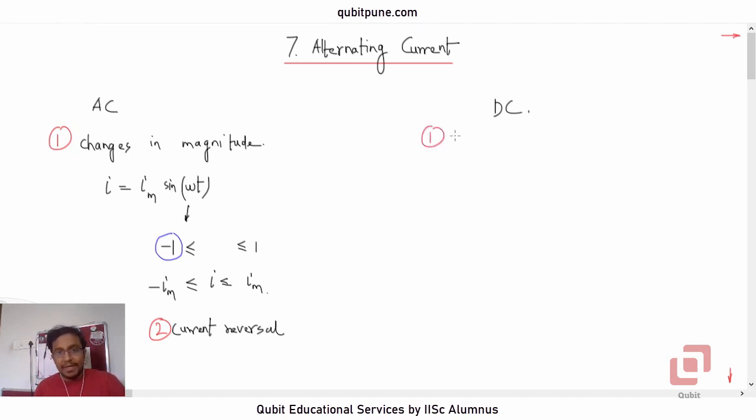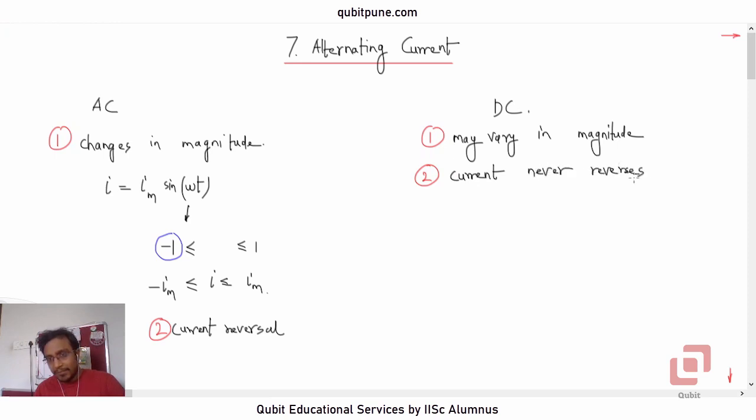DC may vary in magnitude. But the feature that distinguishes AC from DC is that current never reverses its direction. Or alternately, polarities never change.